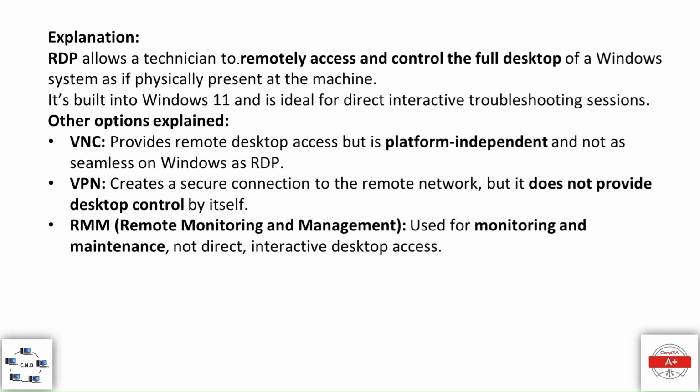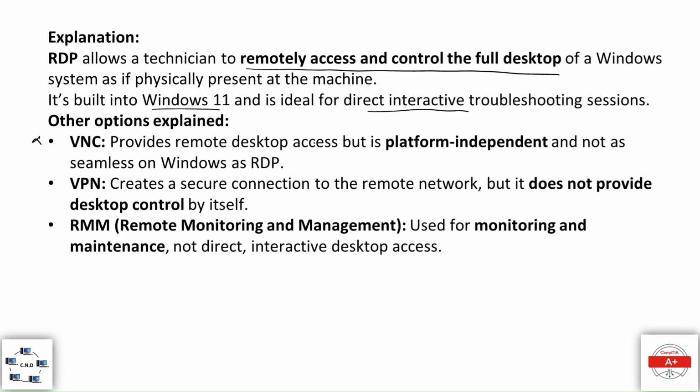So RDP allows a technician to remotely access and control the full desktop of a Windows system as if physically present at the machine. It's built into Windows 11 and is ideal for direct interactive troubleshooting sessions. Other options are explained.